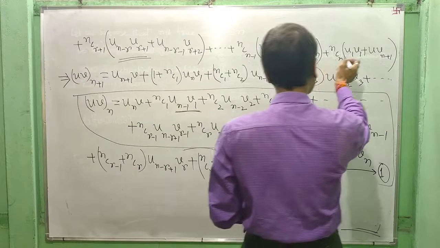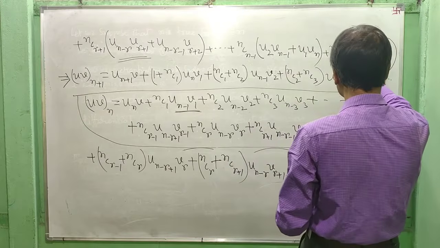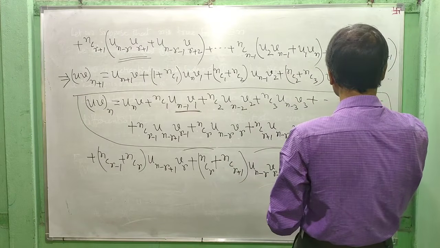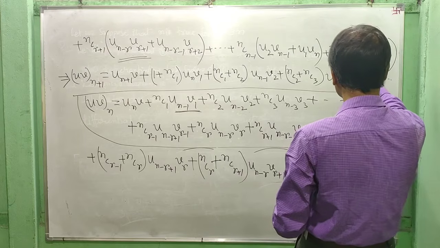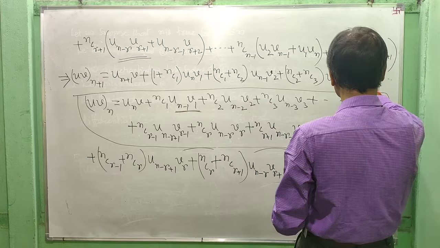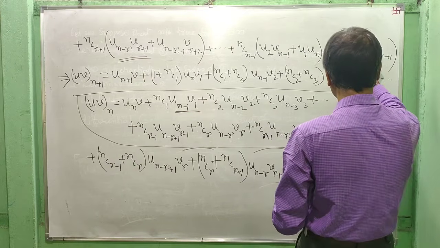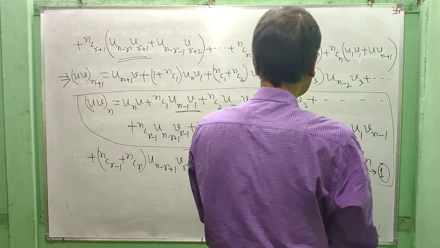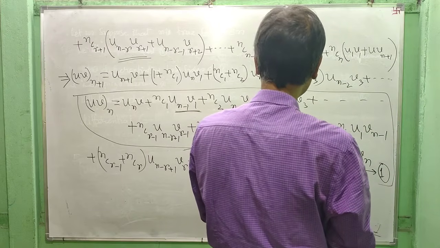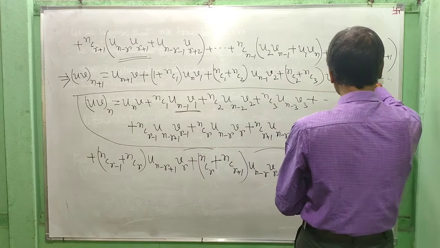Write these two terms: u1 vn. This is not v1, this is vn.